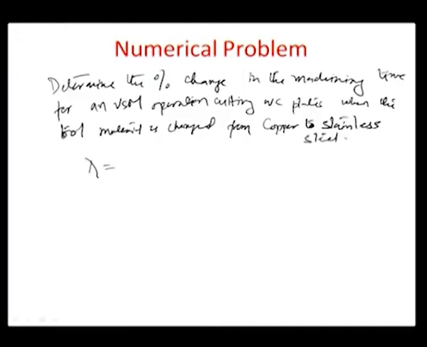Lambda, as you know, is the hardness of the workpiece divided by the hardness of the tool, and the tool material is changing from copper to stainless steel, SS. Therefore, because of this, the overall lambda value should change.